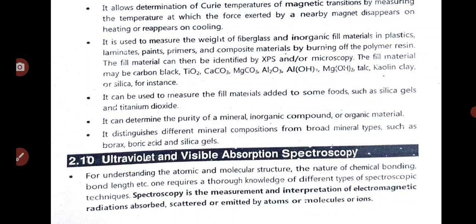It also allows the determination of the Curie temperature of a magnetic transition by measuring its temperature, where the force exerted by a nearby magnet disappears on heating and reappears on cooling.